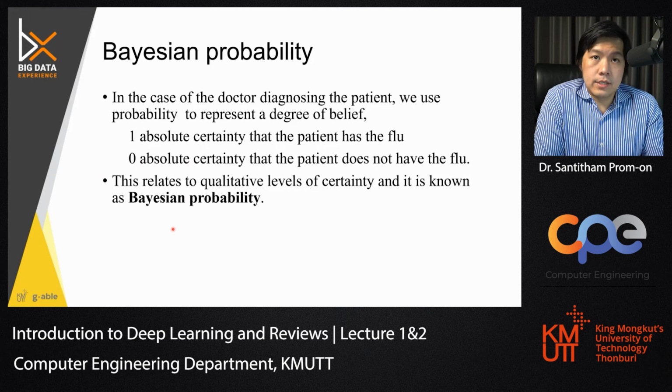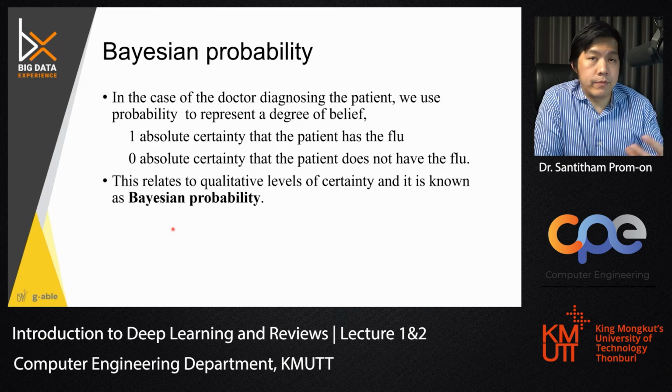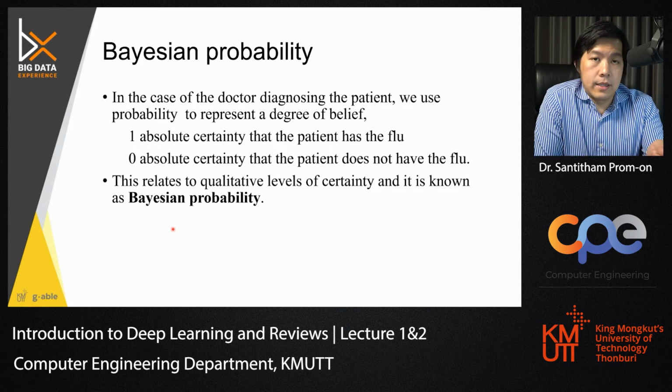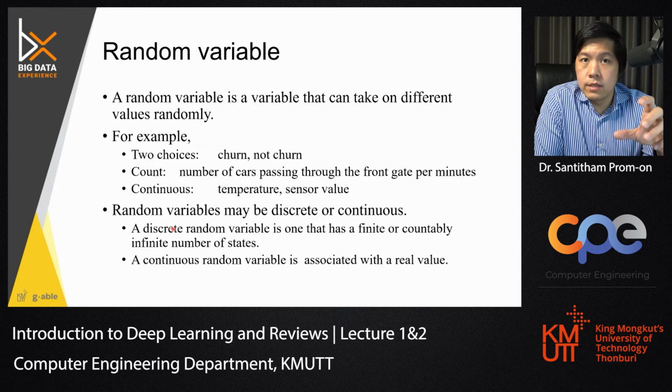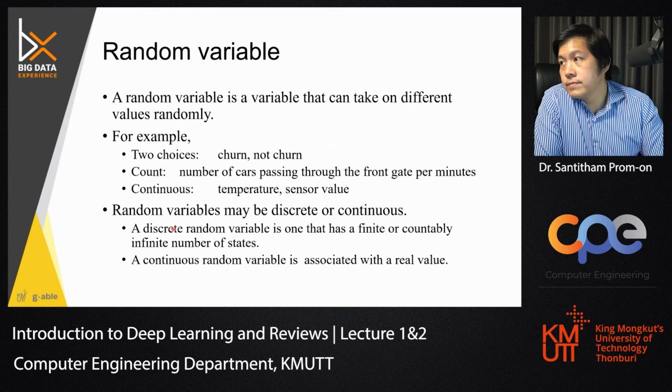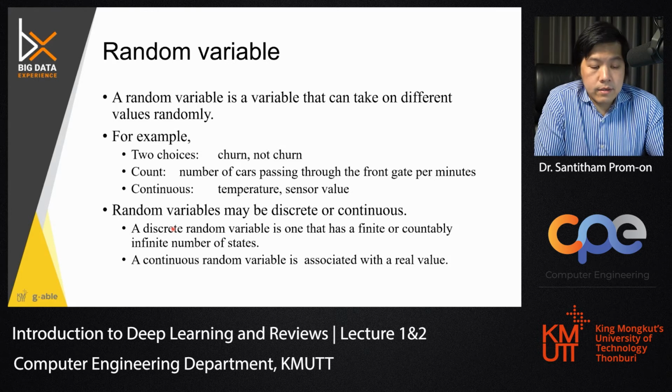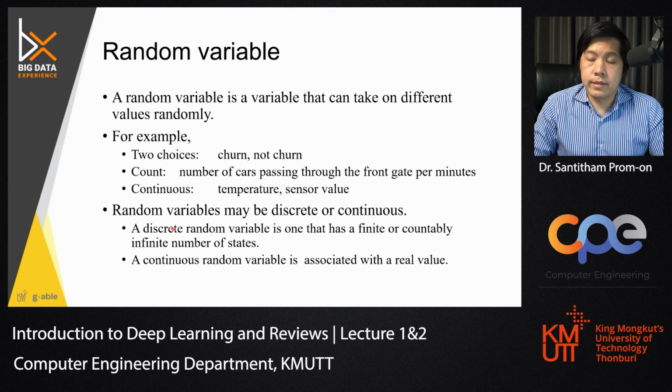In frequentist, you would usually count the number of times things happen, and then you get the probability. In Bayesian, every individual has a certain degree of probability of that event. Okay. So those are the definitions of probability.